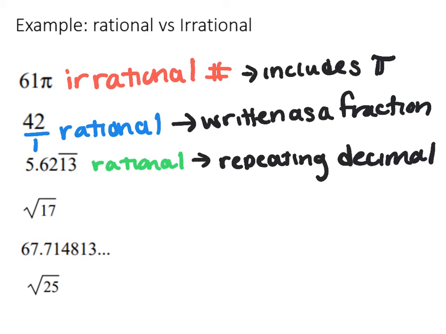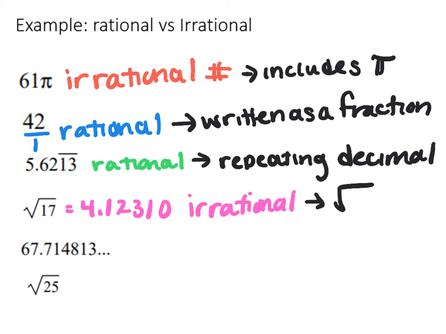Square root of 17, if we plug that in the calculator, would give you 4.123, 4.12310, and this is what we would consider irrational. And that's because it gives us that square root that's not a perfect square.